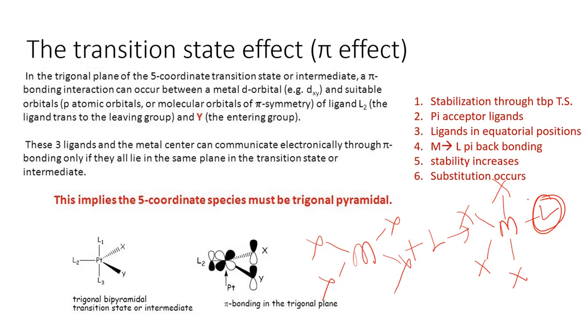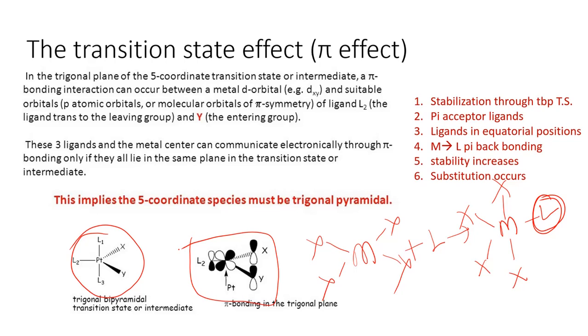Like what we have shown on the left hand side of our slide is the trigonal bipyramidal transition state, or the intermediate, of this mechanism for the transition state effect, or the pi effect. And the right hand side picture shows how the pi back bonding occurs from metal to ligand.